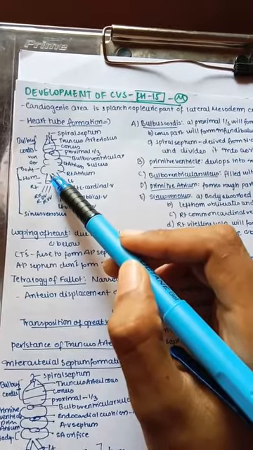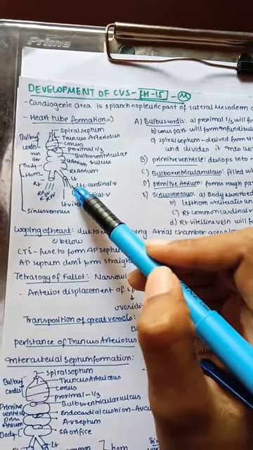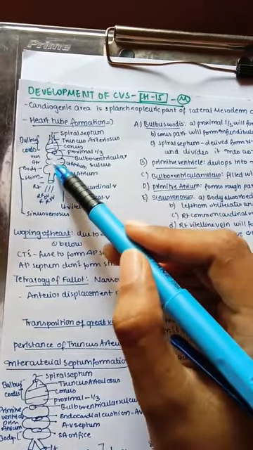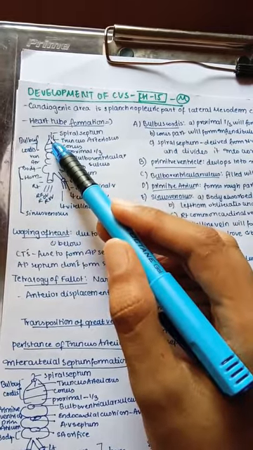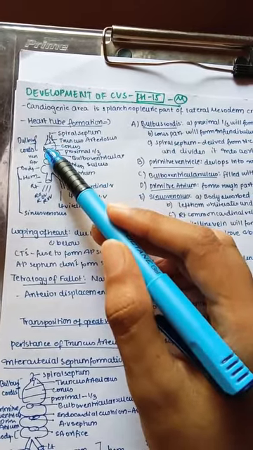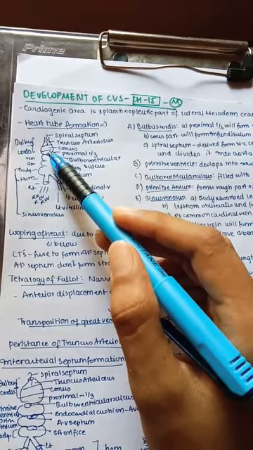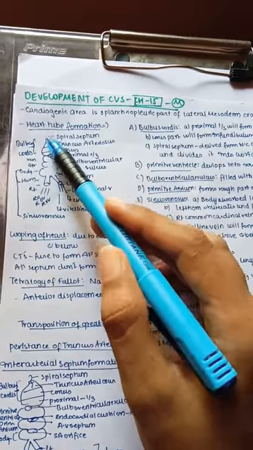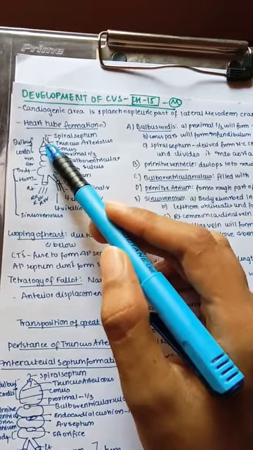Sinus venosus is in turn divided into the body and also horns. It is divided into three parts, that is right and left horns and a body. The bulbus cordis is further divided into three parts, forming an intermediate spiral septum. The spiral septum is formed only in our last part, the truncus arteriosus.